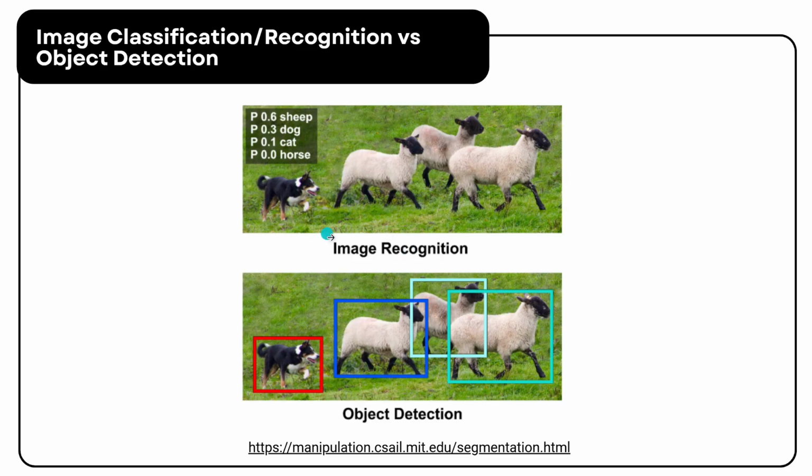But if you want to analyze complex scenes with multiple objects, especially in tasks like autonomous driving, security, or robotics, object detection is the way to go. This distinction also helps lay the foundation for segmentation, which is even more detailed, and we will get into that shortly.